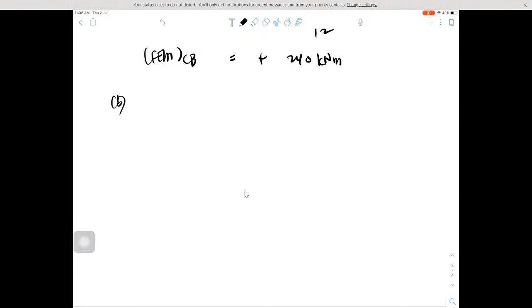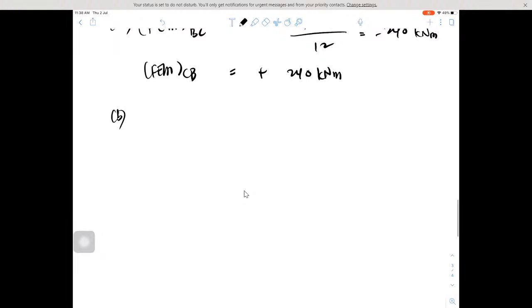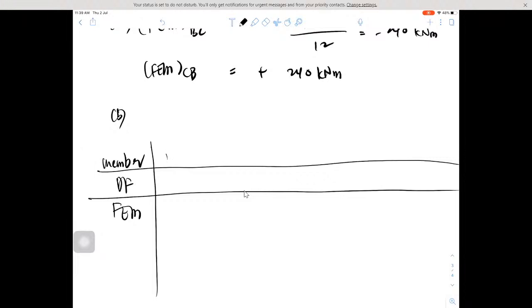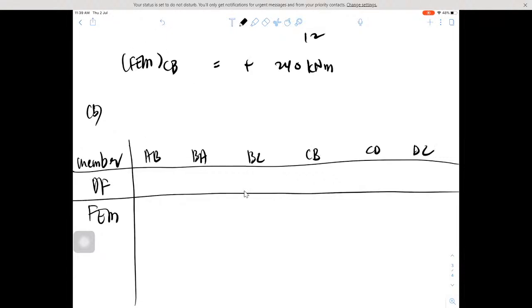Here are the member, DF and fixed end moment columns: AB, BA, BC, CB, CD, DC.